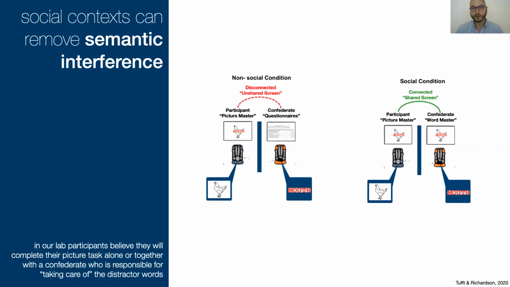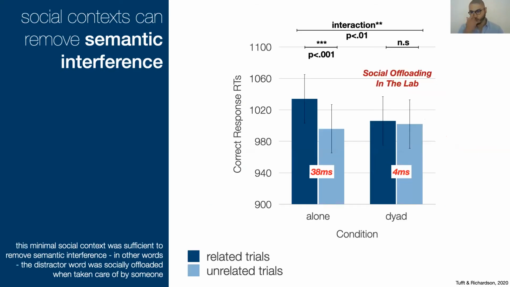What we found in the basic result is that when you bring people into the lab and you get them to work together in the dyad condition with a confederate that looks after the word, interference is removed. On the graph on the left-hand side, you can see in the alone condition, when they're working on their own, you get a very robust interference effect of about 38 milliseconds.